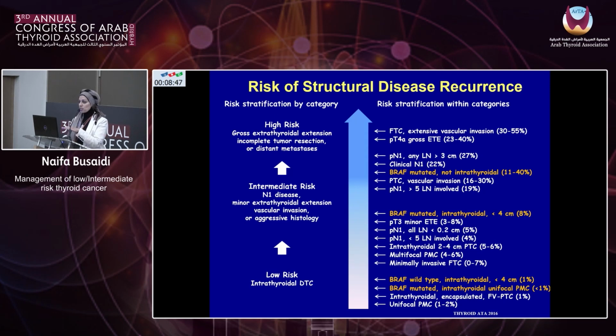The patients on the bottom with low risk have a 1 to 5% risk of recurrence. Radioactive iodine in the adjuvant setting, meaning after you've done surgery, cannot lower that risk. So those patients should not get iodine. Whereas those patients in the high-risk category, with anywhere in the order of 20 to 50% risk of recurrence, radioactive iodine, even if you don't see disease, can lower that risk, right?